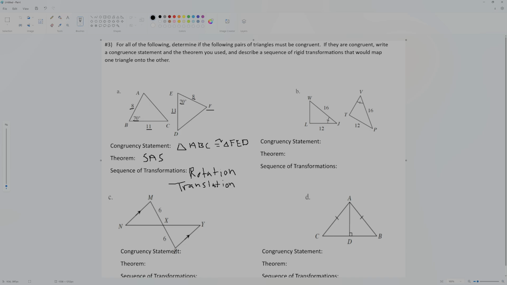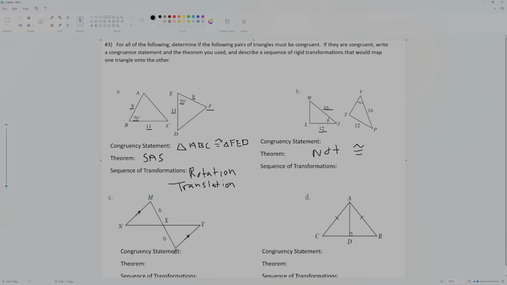Next up for part B, these guys would actually be not congruent. At least we don't know they are. The reason being is you have 12 and 16, but this is not an included angle. Or it is the included angle, excuse me.